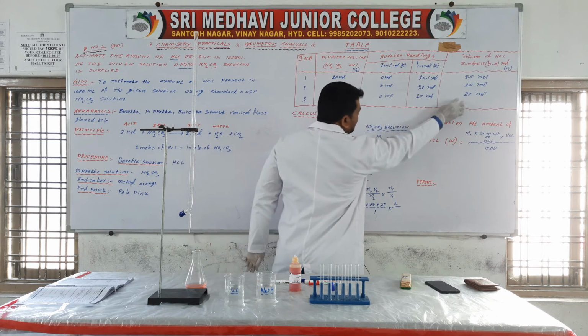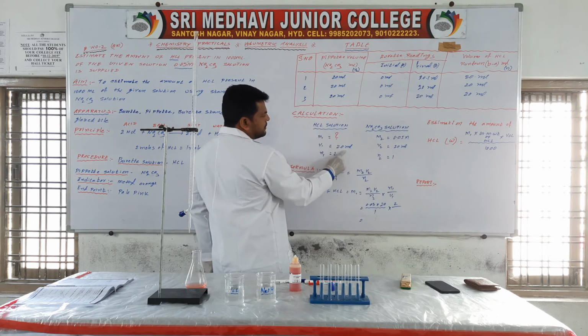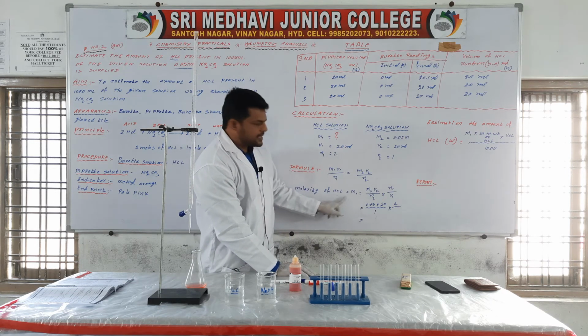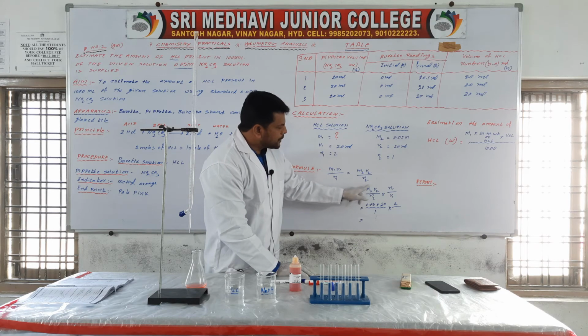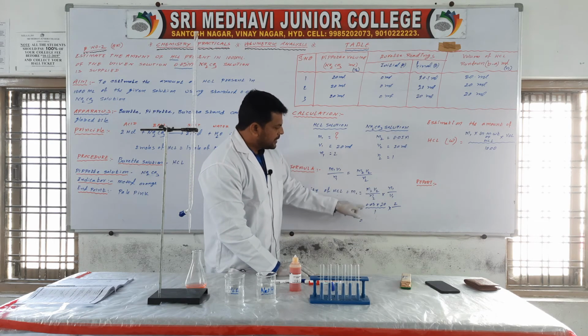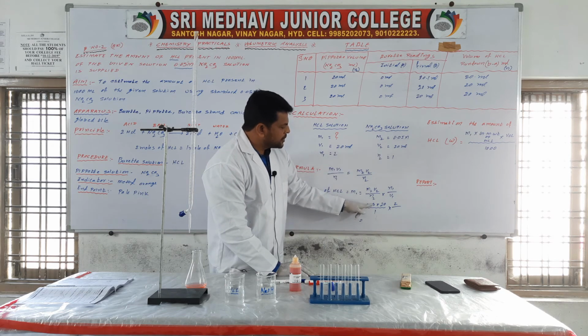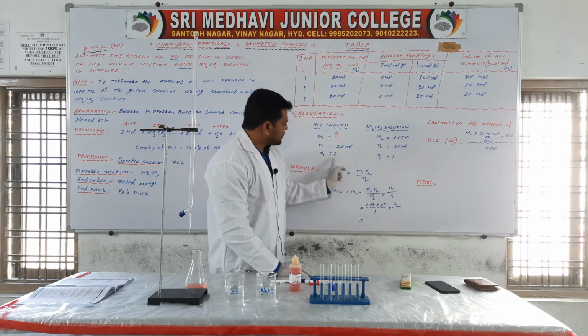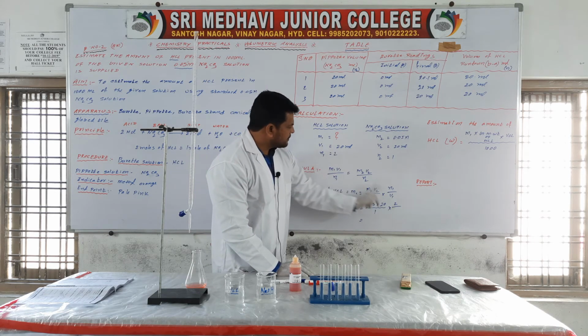So this is the final reading, the volume of HCl. Then we may find M1. Molarity of HCl, M1 equal to M2V2 by N2 into N1 by V1. M2 means how much? 0.05. V2 means 20 ml by 1. N2 means 2 by V1.